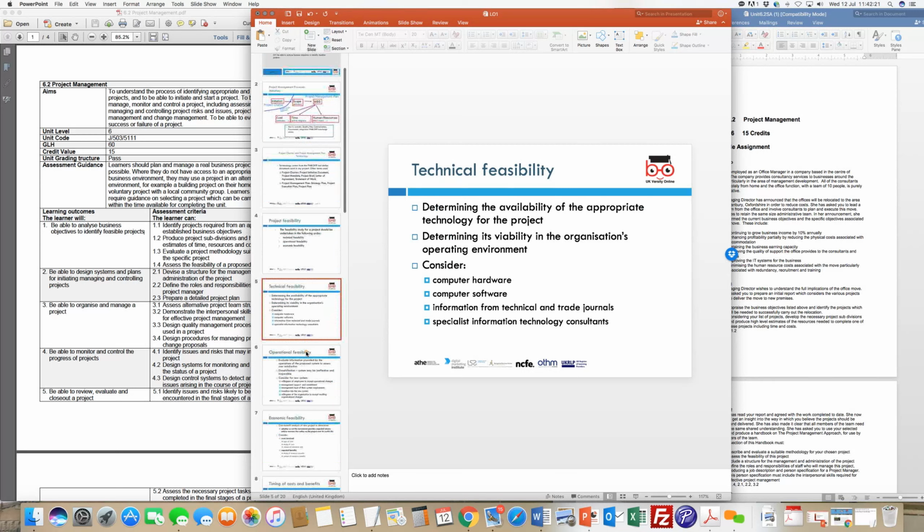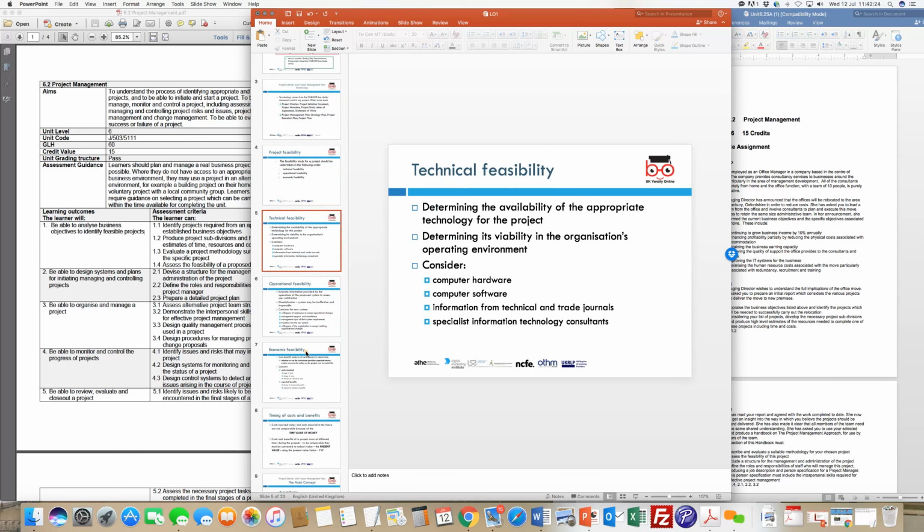We've got other slides where we look at what technical feasibility is. This is nothing but looking at the availability of appropriate technology to be able to do the project. For example, if you're building houses, you want the houses to be greener. The technology required would be things like lighting, greenhouses, and insulation, ways through which the developer makes the development much more in tune with the environmental requirements and the requirements from the customer side.